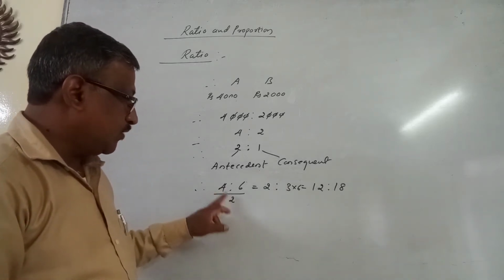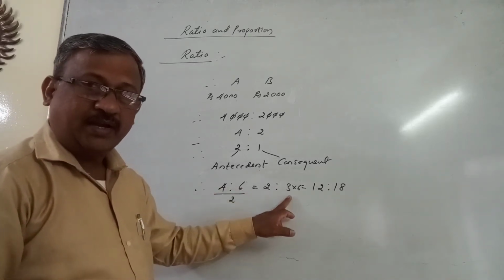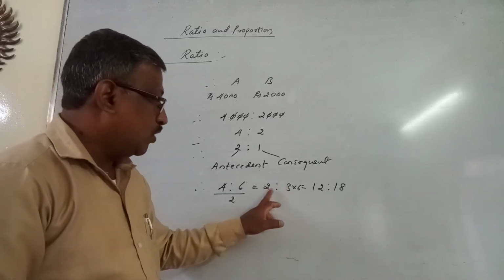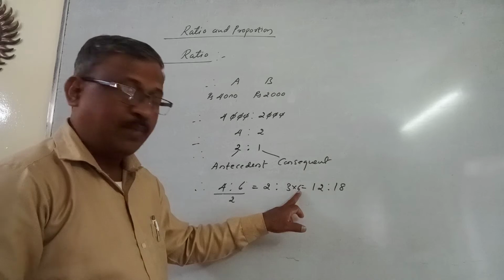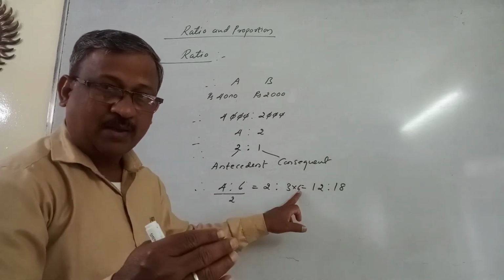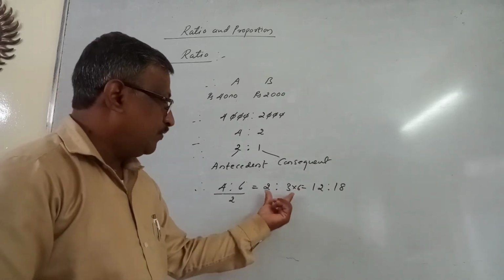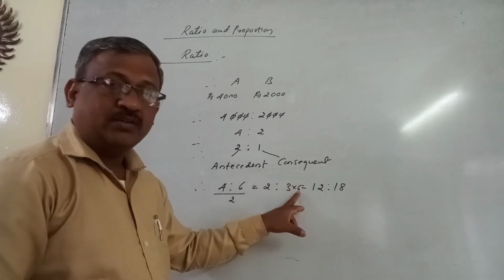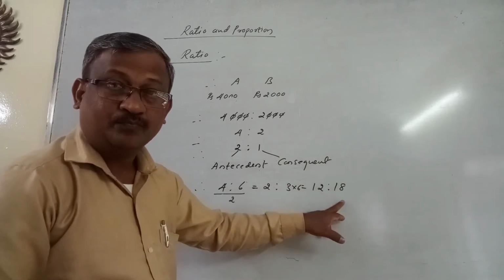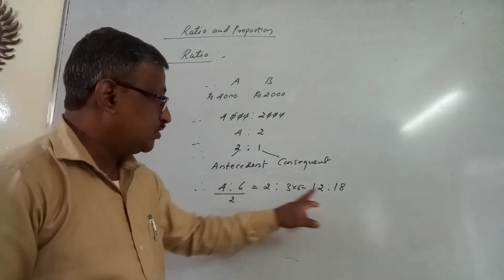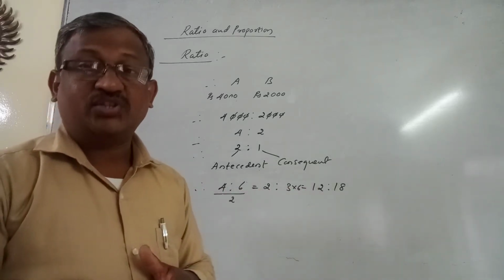That is, 2 2s are 4, 2 3s are 6. And if you multiply both the terms by the fixed number 6, we get the new ratio 12:18. So the value of these three ratios doesn't change, it remains constant.